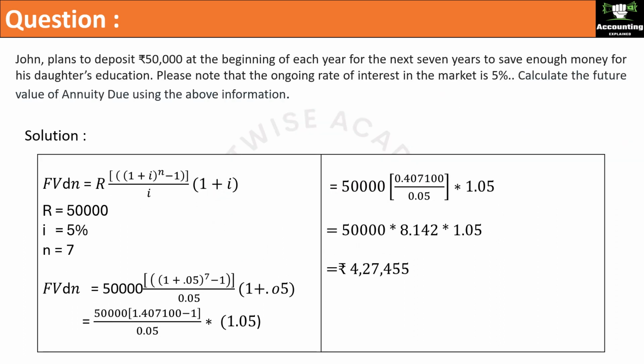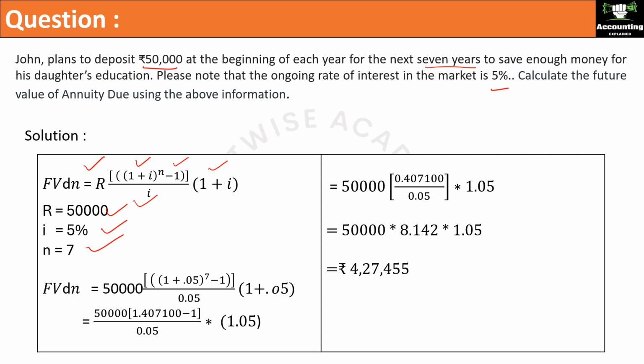So we know FVDN is equal to R into (1 plus I) the whole power n minus 1 divided by I, the whole thing multiplied by (1 plus I). R is equal to 50,000, I is equal to 5%, and N is equal to 7 years.